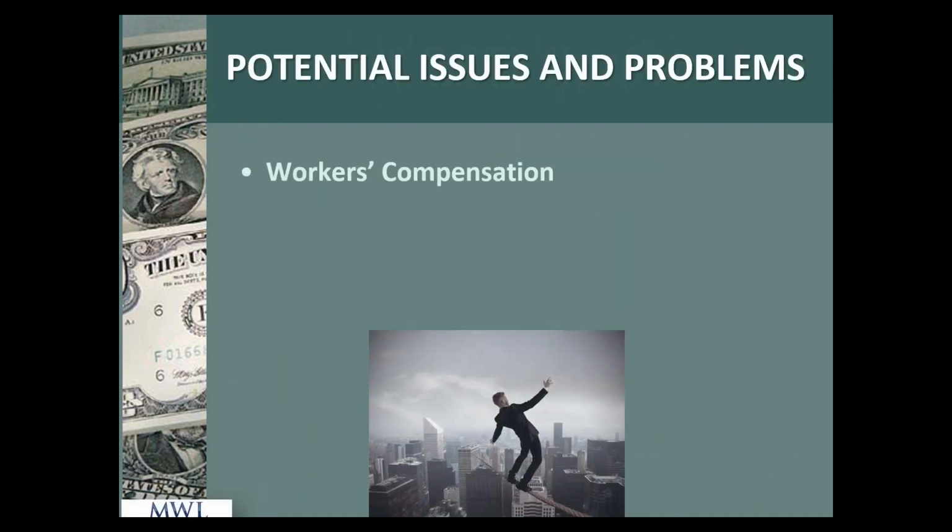So just quickly, some potential issues and problems, just some things to note. Workers' compensation. So would this apply to workers' comp, even if you're talking about a TPA or an attorney who's trying to pursue somebody on behalf of either a comp carrier or an employer directly? It depends on the state you are in, but typically they're going to be statutory liens. So there's going to be a statutory right of subrogation.